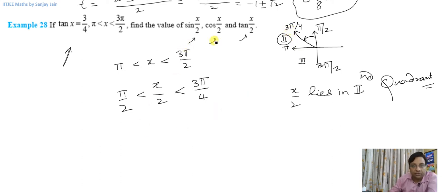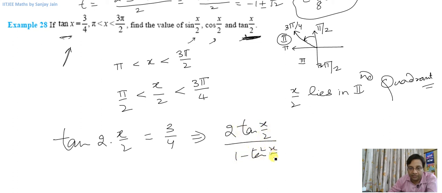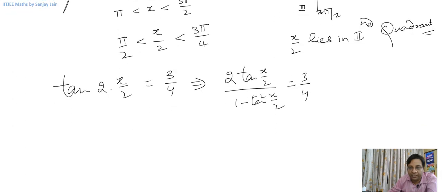Okay, so now see, I need to find the value of tan x by 2. I have got the value of tan x. So can I say tan x as tan 2 into x by 2? It is given as 3 by 4, right? So tan 2 theta can be written as 2 tan theta by 1 minus tan square theta, and it is given as 3 by 4. So can I find the value of tan x by 2 from here?